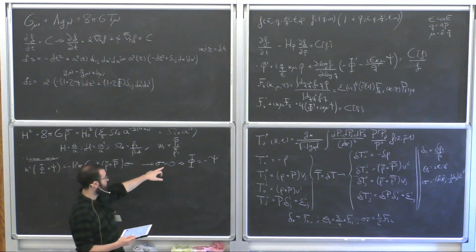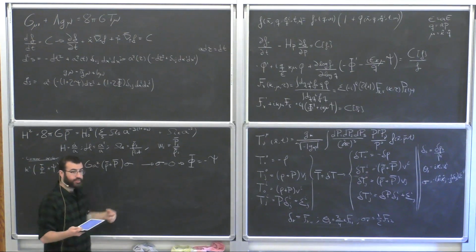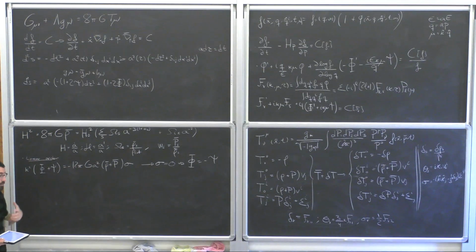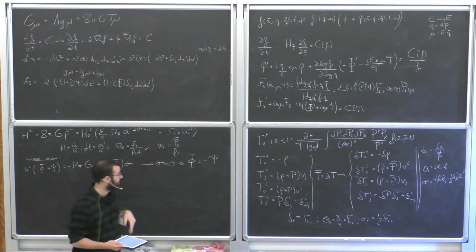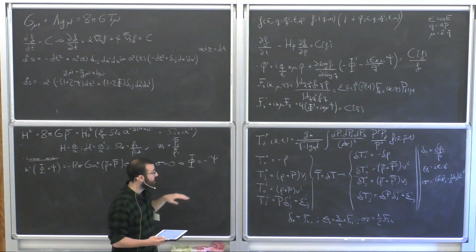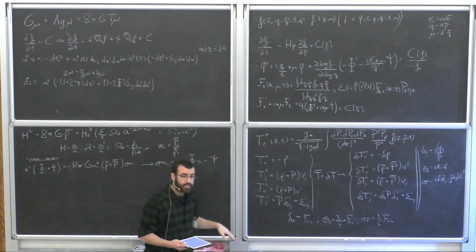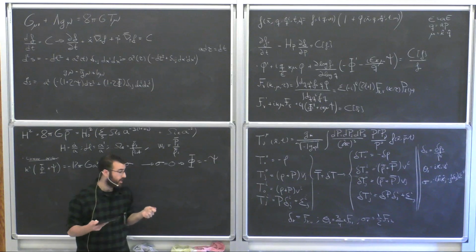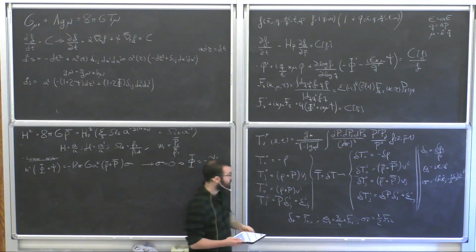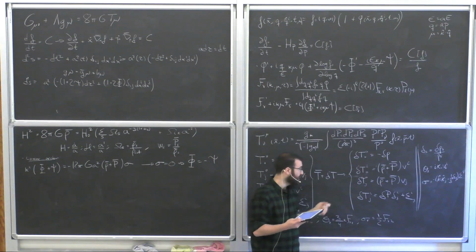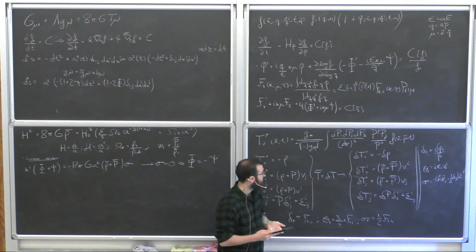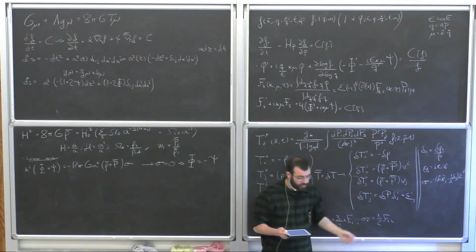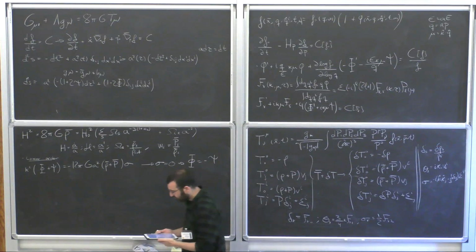Now, this condition is never actually going to be exactly true, but in many cases we are going to be able to make that approximation, and we are going to basically be doing it all the time. That's because before recombination, baryons and photons are tightly coupled in such a way that they can be treated as a perfect fluid, because the quadrupole is going to be very suppressed.